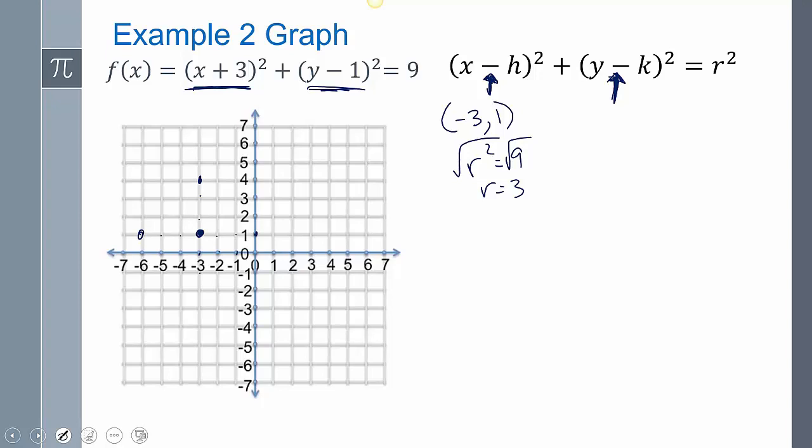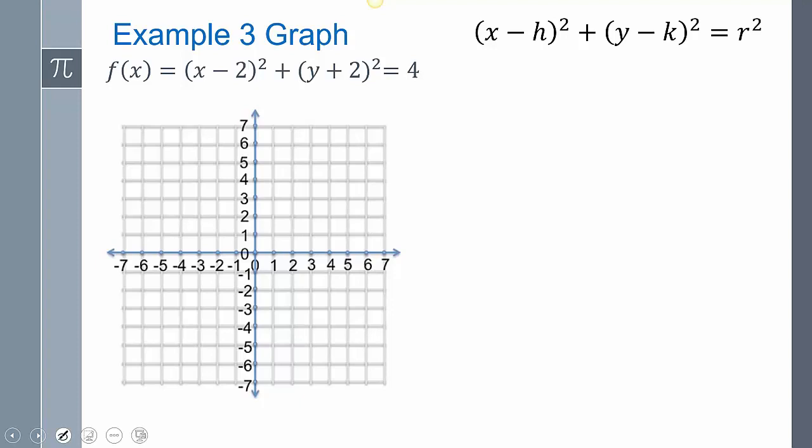And 1, 2, 3. And so from there, we should be able to go through and then create our circle. Not too bad. Awkward, but still not too bad.